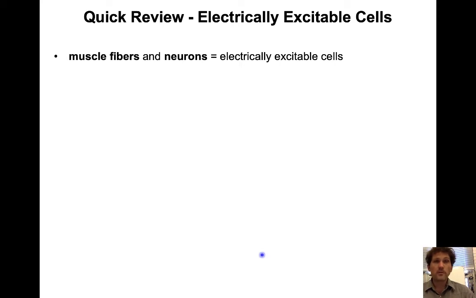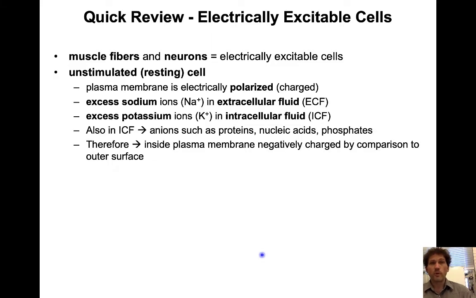Muscle fibers and our neurons are both excitable, okay? That's really important. When it's unstimulated, we have what's called a resting membrane potential, or a resting cell. That plasma membrane, though, remember, is electrically polarized, so it's charged. We're going to see the same thing with our muscle fibers.